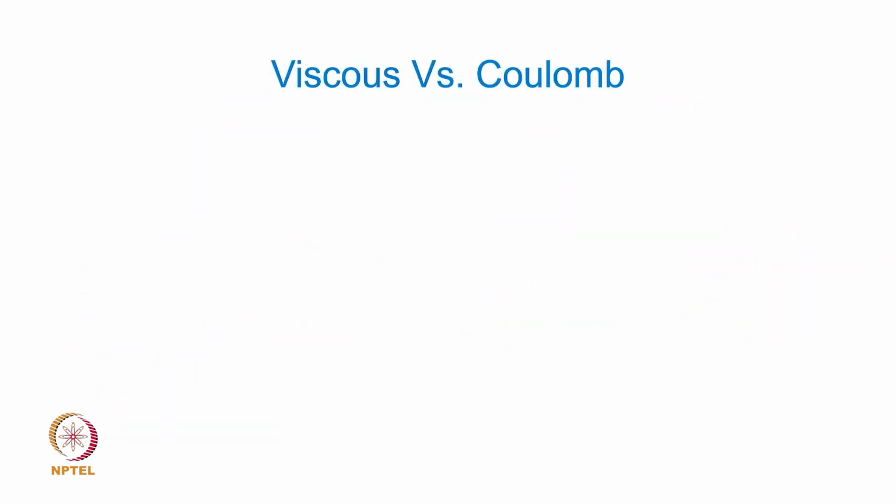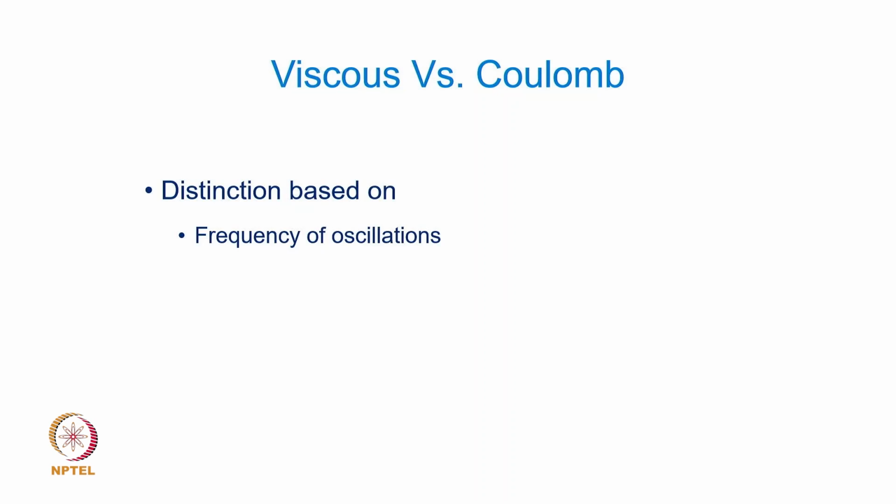All right. With this, let us have a brief discussion on the differences between viscous and Coulomb damping. There are distinctive differences. Let's take them one by one. The first distinction is based on the frequency of oscillations. In the case of viscous damping, the response x of t was obtained as x e to the power minus zeta omega n t cos of omega d t minus phi.